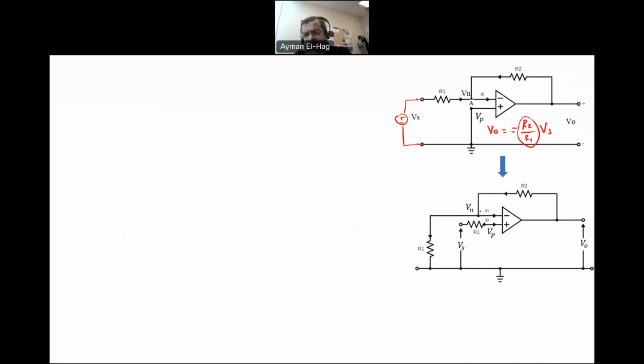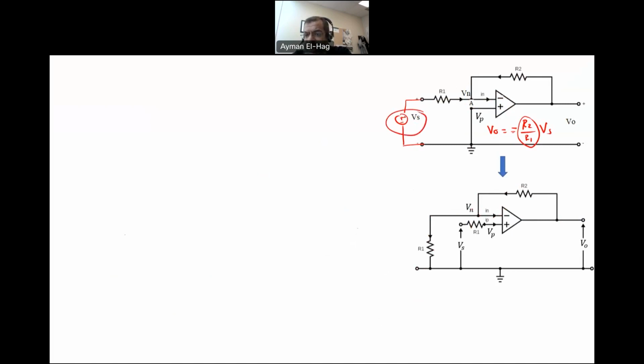R2 stays the same, which is the feedback resistance. Nothing changed, and you will always have the feedback from the output to the negative terminal, regardless of whether you have an inverting or non-inverting amplifier. Now here, the inverting terminal is connected through R1 to the ground, not to the input.